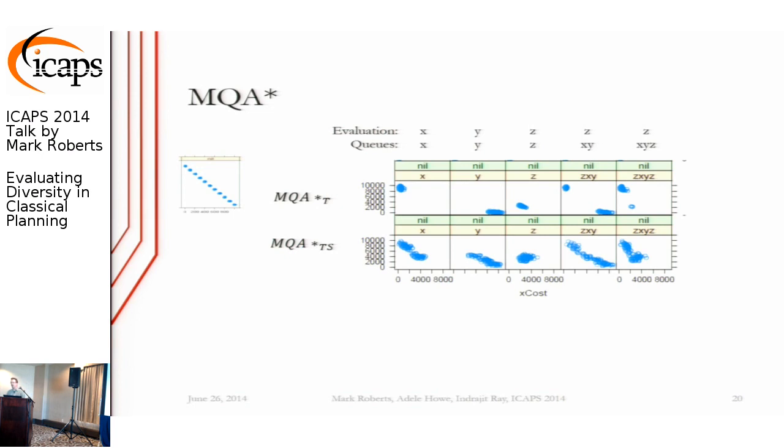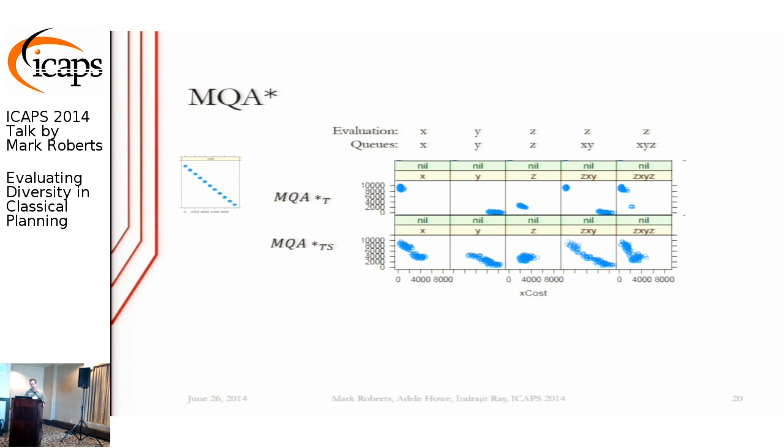synthetic domain, there's a whole wealth of results that came out of the study. I'll just highlight a few of them to give you the key feel that it did work in some cases. On the left, you see the interaction between X and Y that I'm demonstrating. The columns here are showing the different combinations of quality queues.